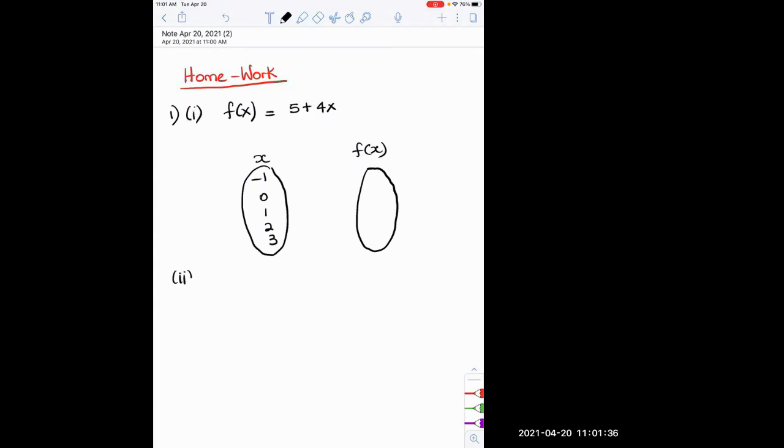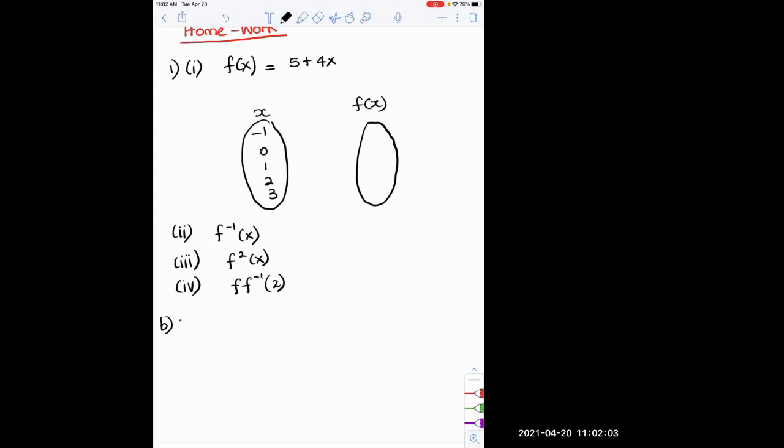Part 2, you're finding f inverse of x. Part 3, you're finding f squared of x. Part 4, you're finding f of f inverse of 2.